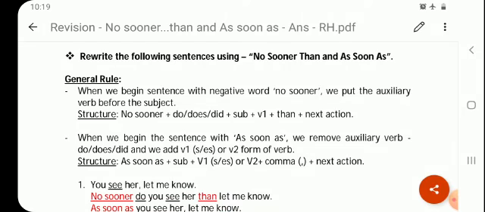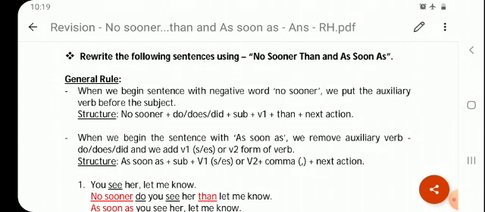When we begin the sentence with the negative word no sooner, students, what we have to do is first see the sentence, and then first try to change it into no sooner. When you are starting with the negative word no sooner, we put the auxiliary verb before the subject. You can see the structure: no sooner, then do, does or did, depending on the verb.